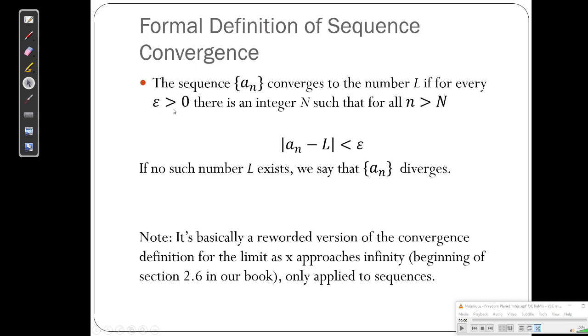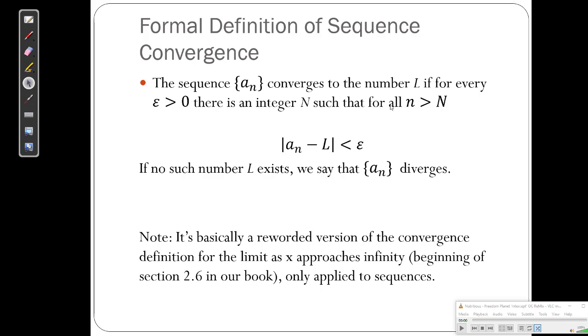So, for any tiny little epsilon, like 0.1, eventually you could get a high enough n that everything beyond that would be within 0.1 of L, or whatever epsilon is. If you want 0.000003, then eventually, if the sequence converges, you could find an N large enough that the distance between a sub n and L would be less than epsilon for every n greater than that.